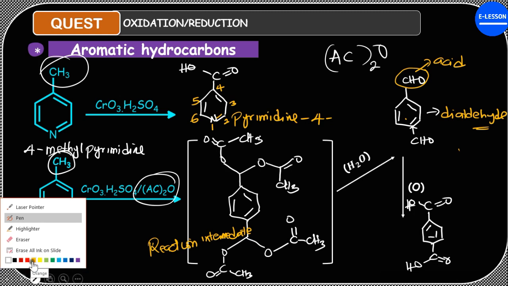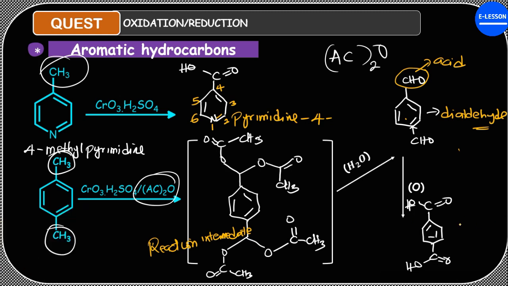So all these are synthetic routes to actually get various types of organic compounds. You see, we started with a methyl-toluene. From there, we reacted it with chromium trioxide and H2SO4 with acetyl group here, which gave this reaction intermediate. So this reaction intermediate is from this group here.